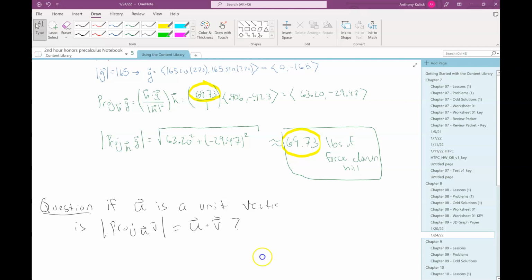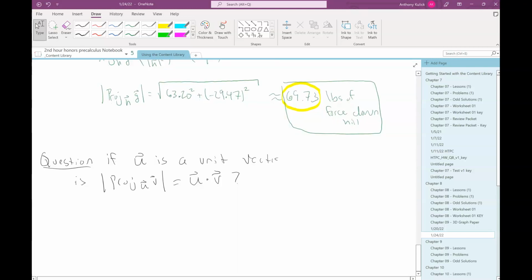Well, let's see if that's indeed true, right? So let's try to prove this. Seems like it's true. At least it was true in this case. Let's try, right? Because if that's the case, that's a pretty nice shortcut for the problem, right?